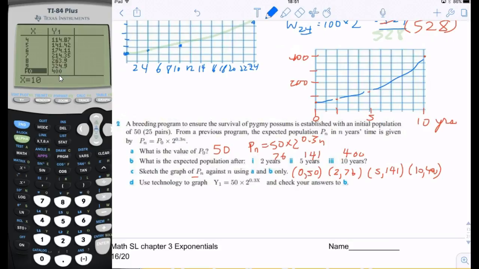D: use technology to graph y equals 50 times 2 to the 0.3x and check your answers to B. We already used the calculator to calculate these values. So graph. Oh, it's too high. Normally you would do zoom standard, but these numbers are so big that zoom standard, which goes from -10 to 10, is way too small.